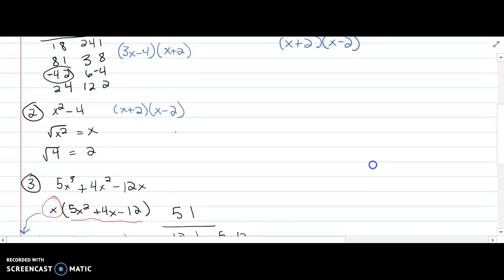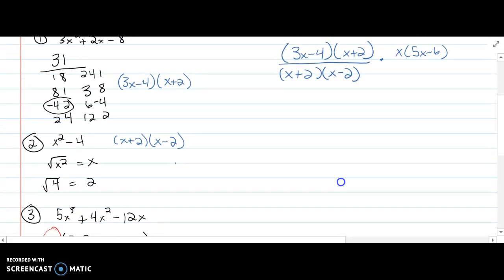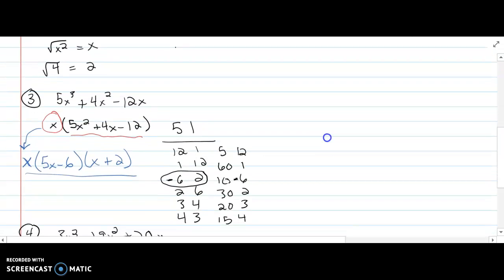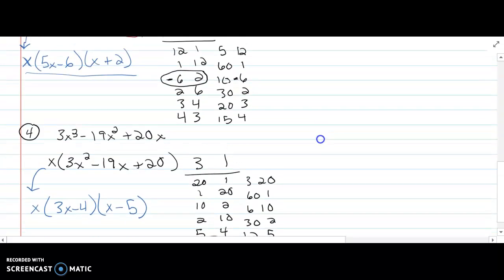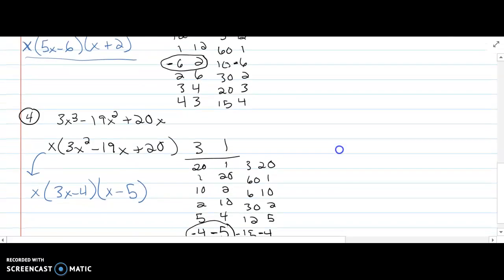So I have 5x minus 6 and x plus 2. All over x, 3x minus 4 and an x minus 5.